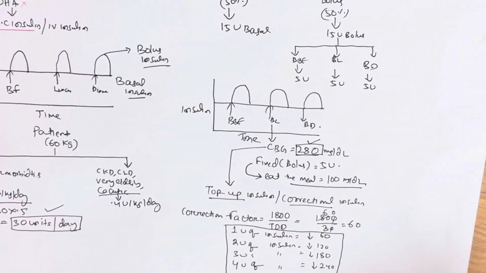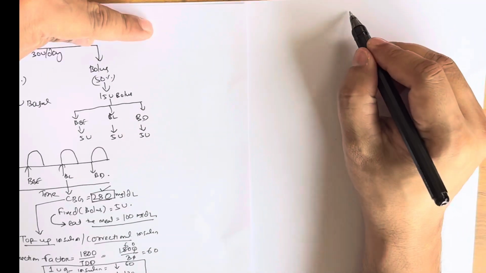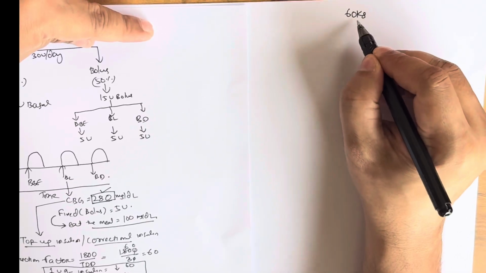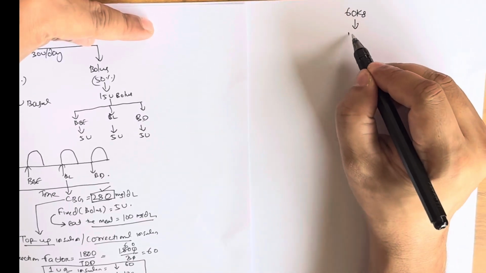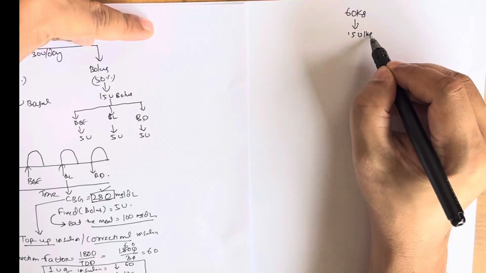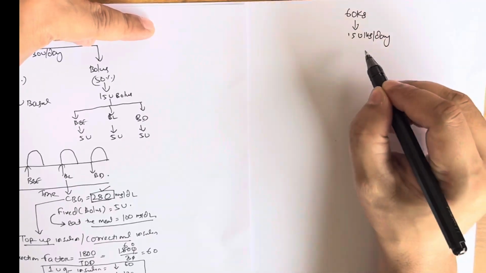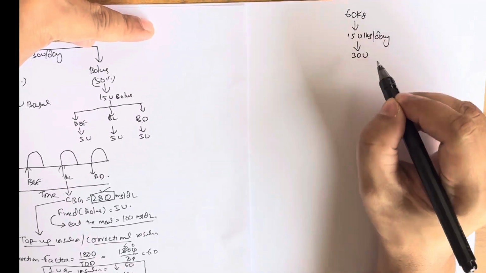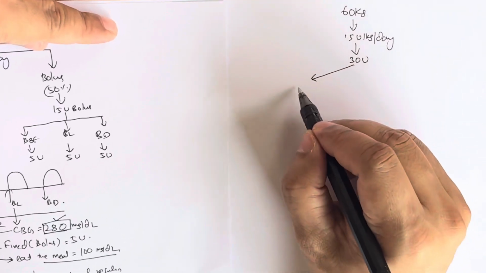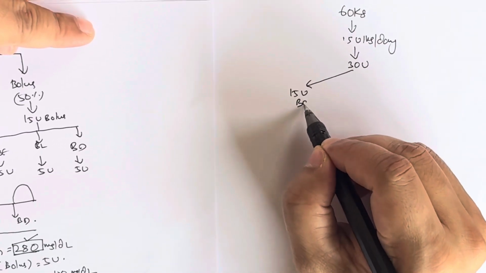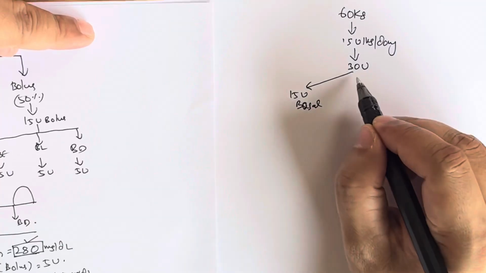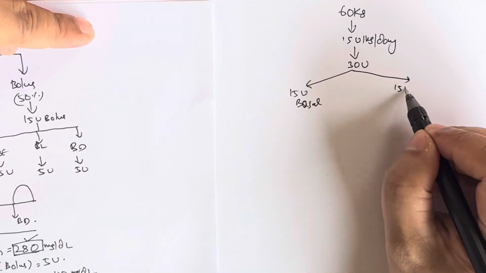Now again applying here, let's see with the same patient. We have 60 kg and 0.5 unit per kg per day, that is becoming 30 unit. We divide that into two parts, 15 unit basal and 15 unit bolus.